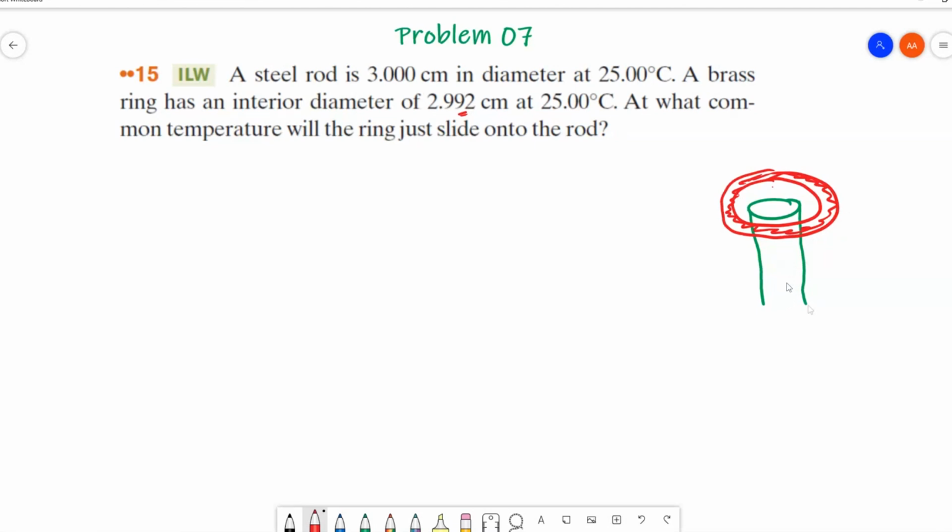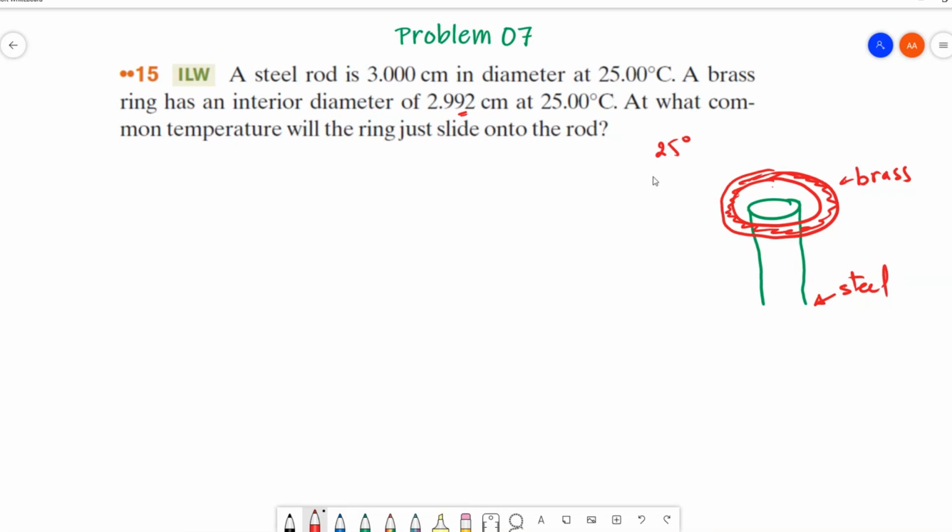The two here are from 2 different materials. This one is steel. This one is brass. Okay, the ring is brass, and the rod is steel. So there are 2 different materials, when this is at 25 degrees.